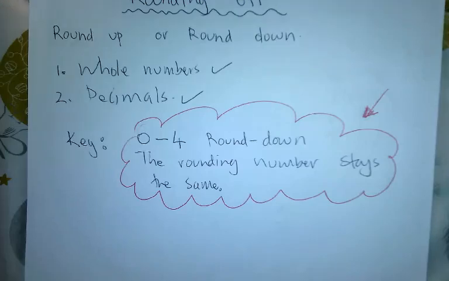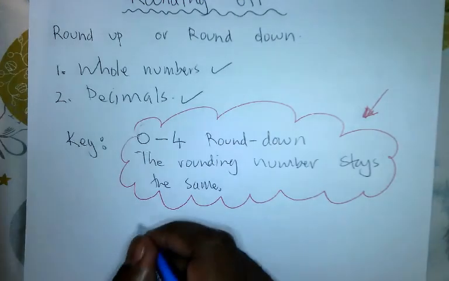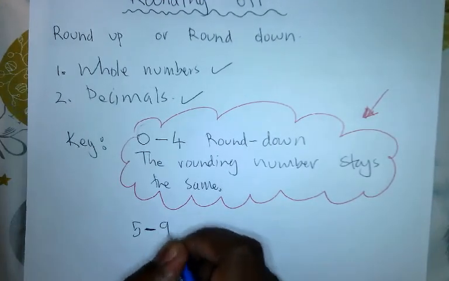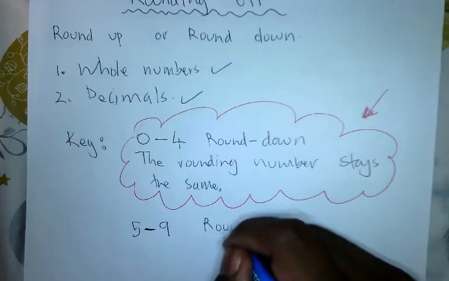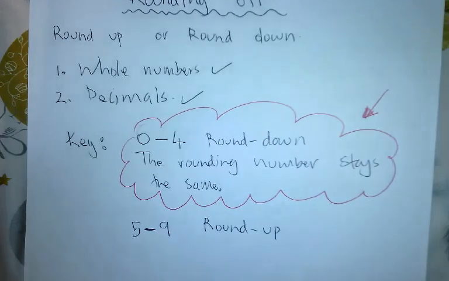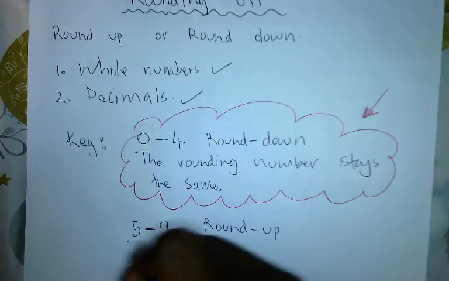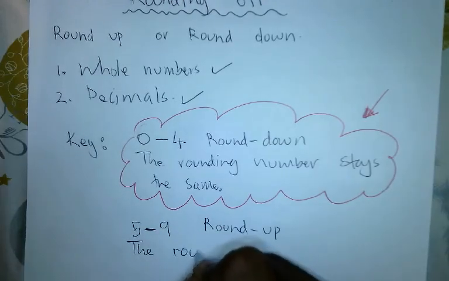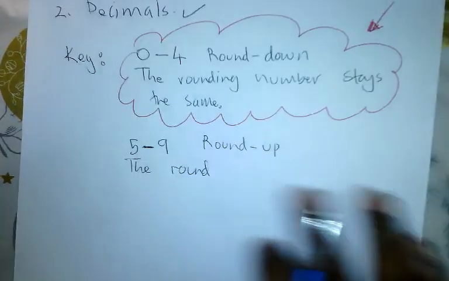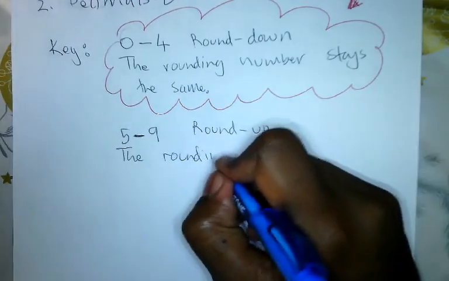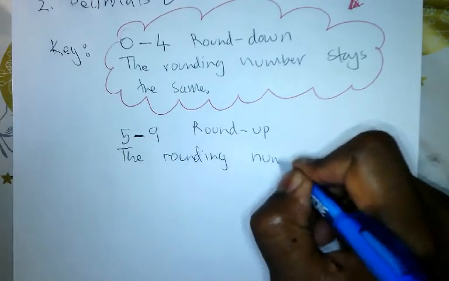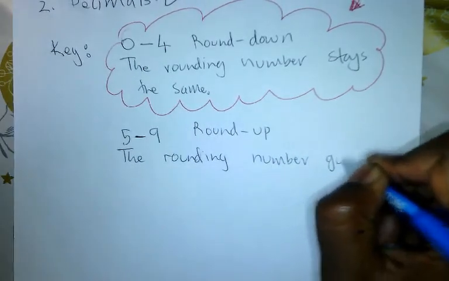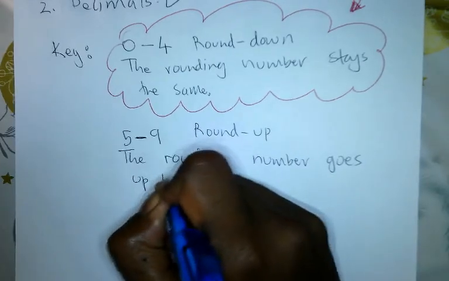And then if the number is between 5 and what? 5 and 9. We're going to round up. Meaning the rounding number goes up by 1 digit.